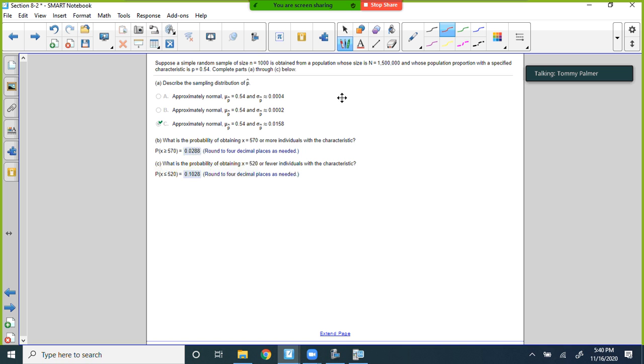So first things first, we got to find the standard deviation of P hat, which is the square root of P times Q over N. Well, P is what? 0.54. Q is what? The complement of that, which would be 0.46. Over how many? 1,000, right? So what does that give me? 0.0158, right?